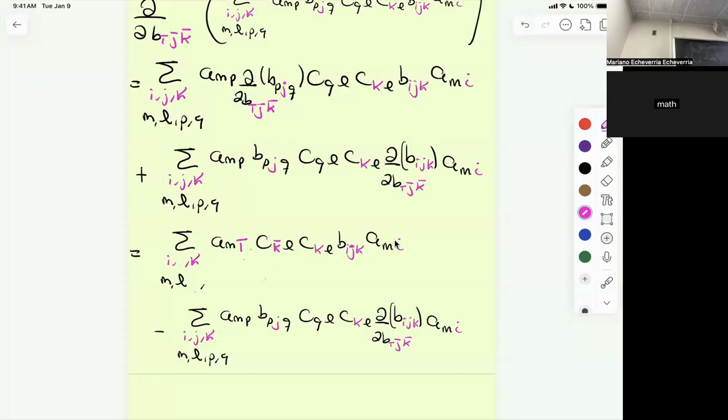So P has to be forced to be equal to I bar, J has to become J bar, and Q has to become K bar. It looks a little less intuitive for the first one because of how I called the indices. But for the next one, it's easier because I is I bar, J is J bar, K is K bar.